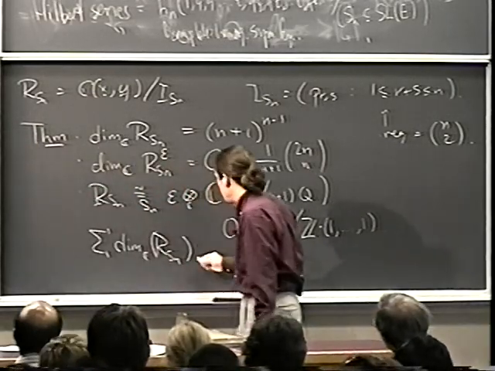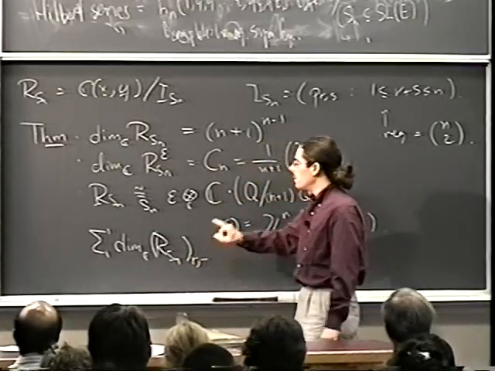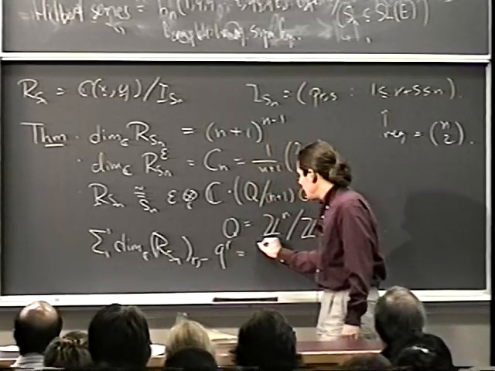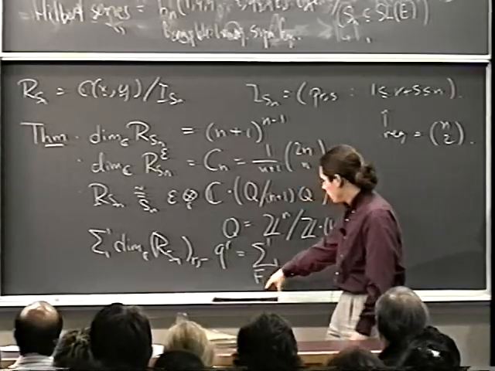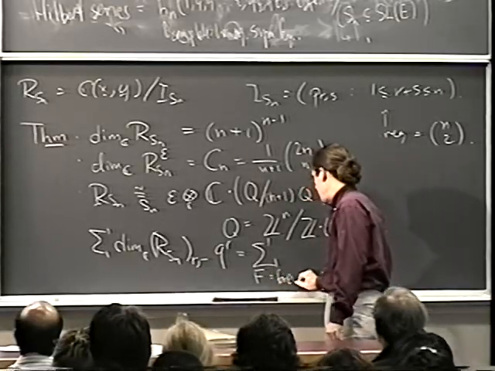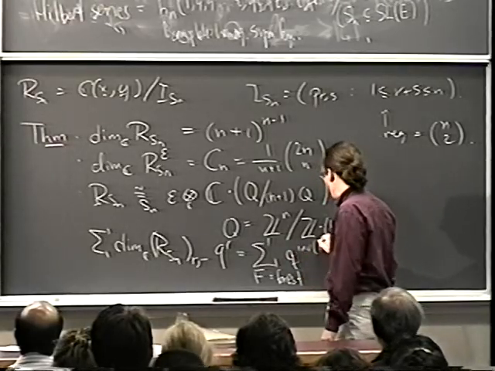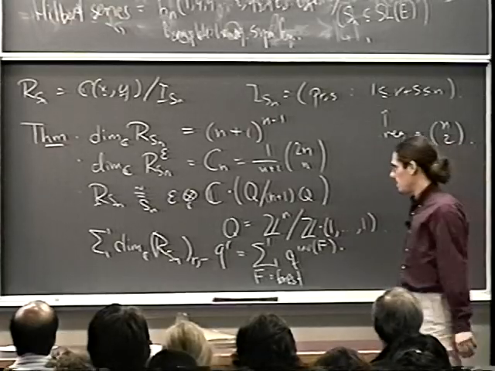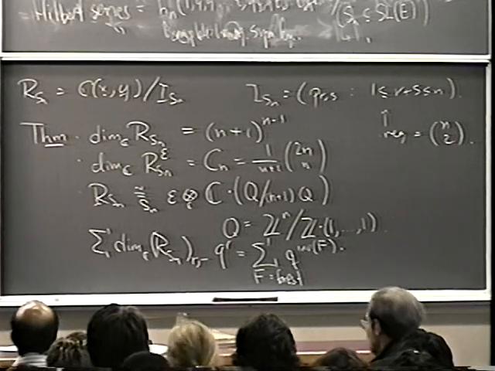But if I look at one grading, r comma blank, I look at degree r in the x's and ignore the degree in the y's, times q to the r. It turns out to be the sum over f equals a rooted forest on n-labeled vertices of q to the number of inversions of the forest, which is some nice combinatorial statistic that I'm not going to define because I want to take 1 minute to mention some questions.